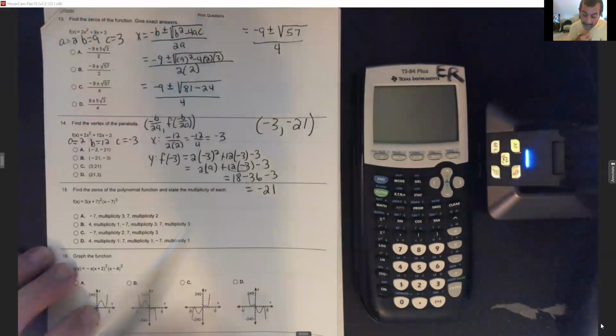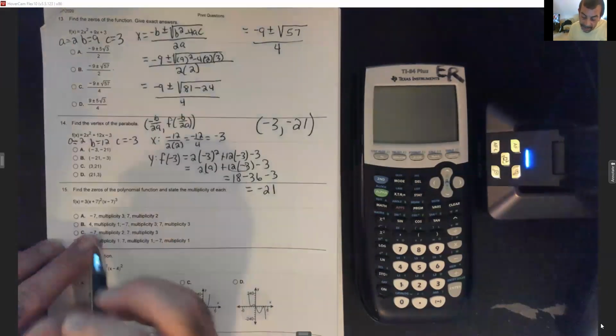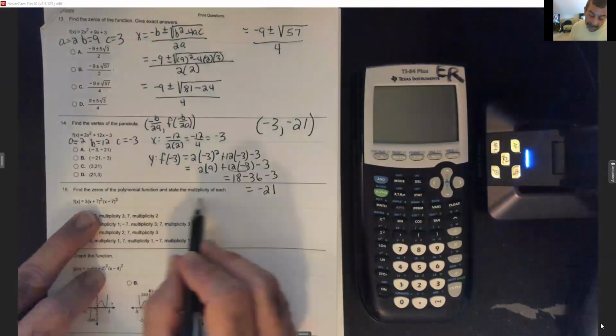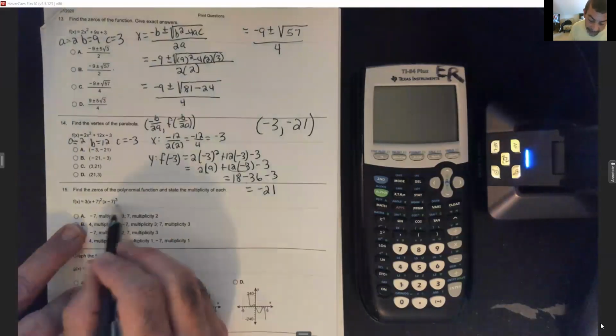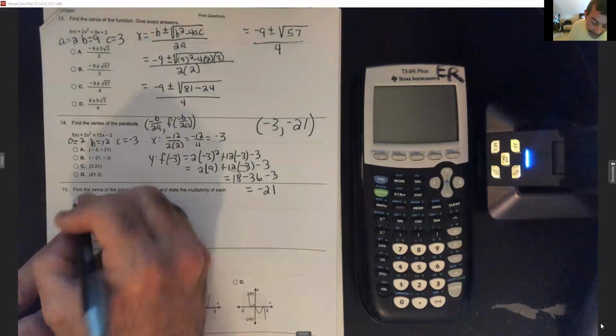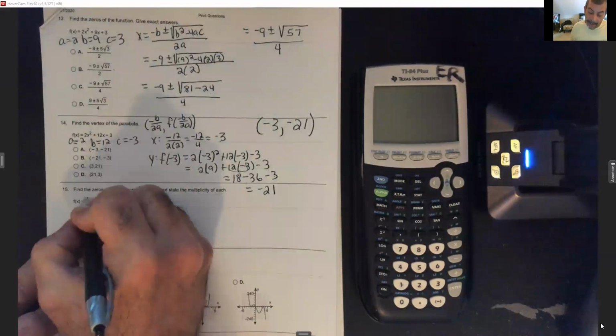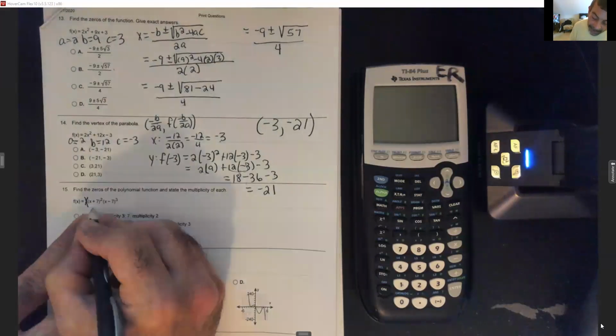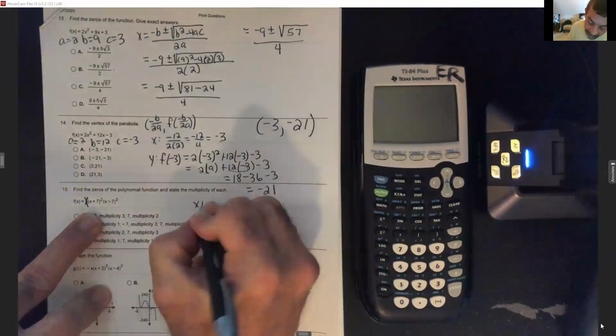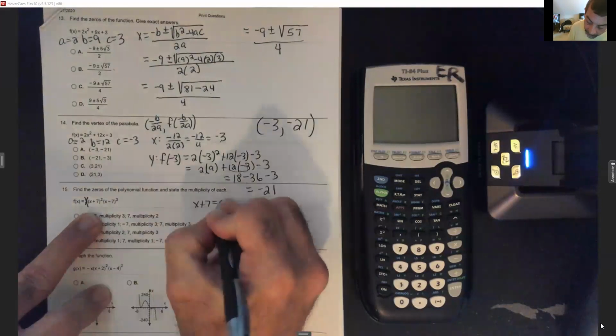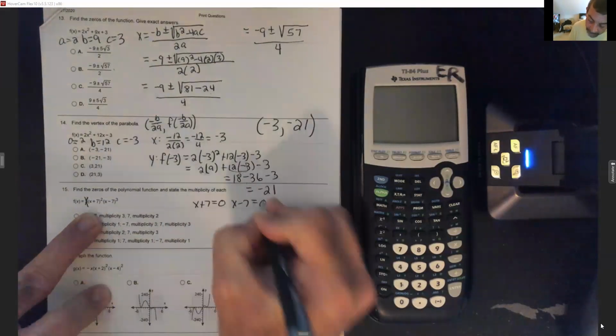All right, this wants me to find the zeros. So to find the zeros, I'm worried about the ones that have a variable. Since the 3 doesn't have a variable with it, I'm crossing it out. So the other factors, I take them and set them equal to 0. We solve them.